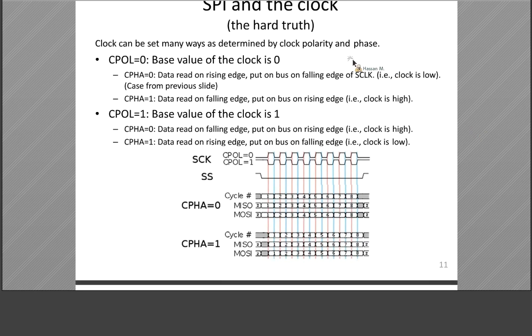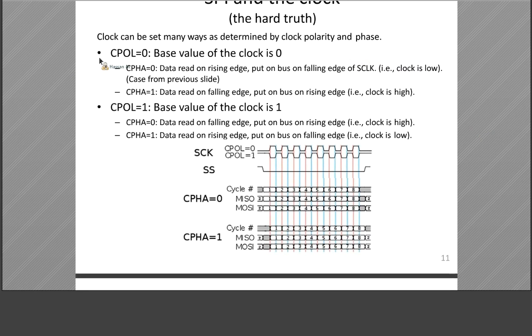Okay, we see here in this slide, for example, CPOL is 0 or CPOL is 1, and CPHA, the clock phase, may be 0 or may be 1.